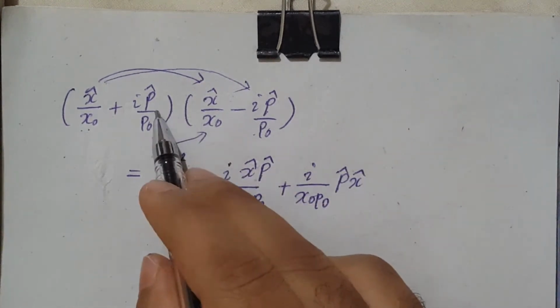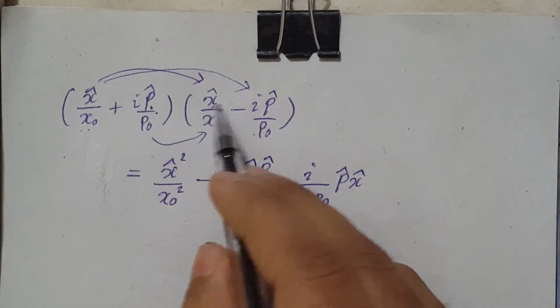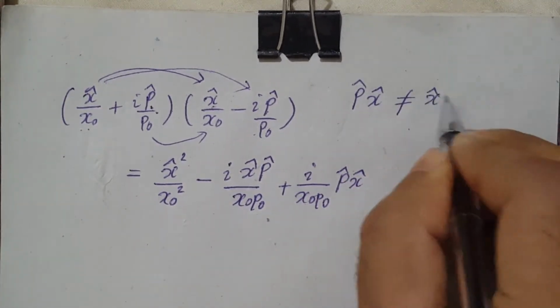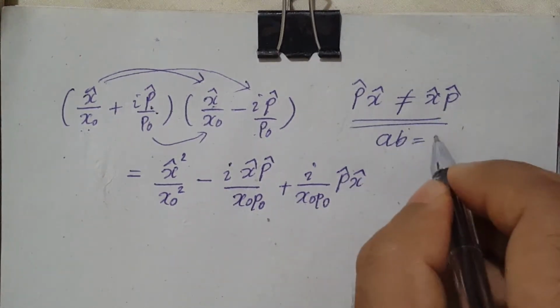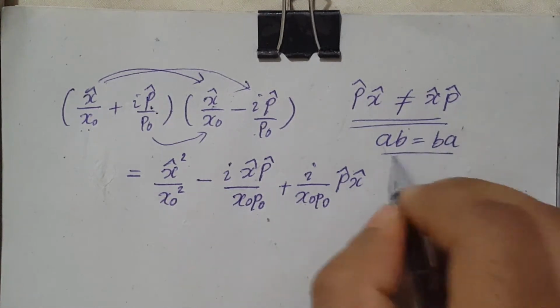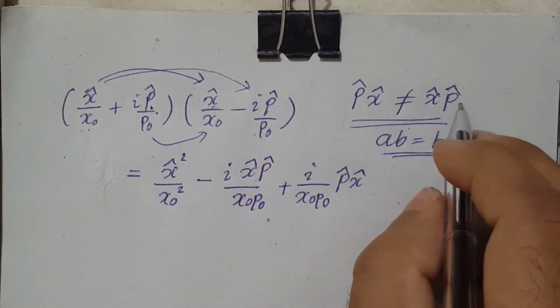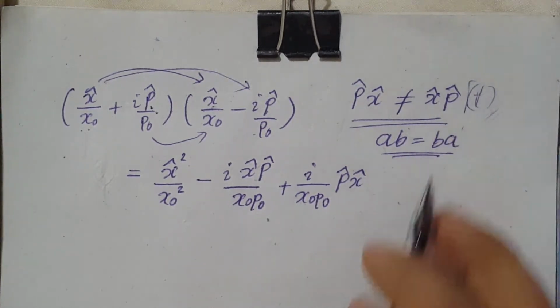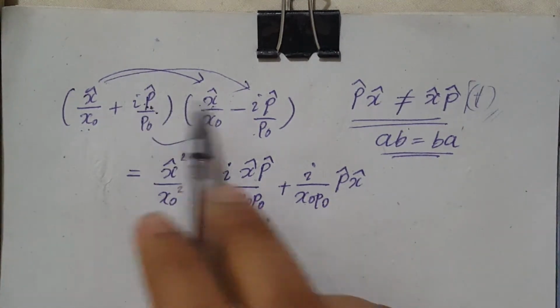See, here the order is important, right? When you multiply p cap with x cap, you know that p cap x cap may not always be equal to x cap p cap, because they are operators. For numbers, we know that AB is always equal to BA, but since these are operators, the order in which they act on functions does matter. So we cannot write x cap p cap here; it should be in the same order, p cap x cap.